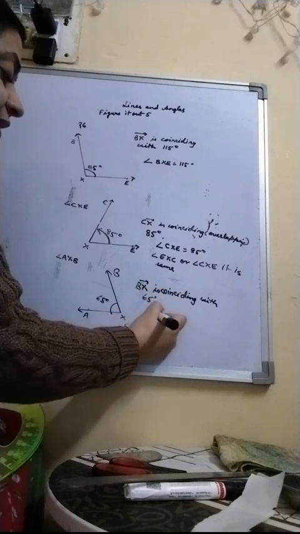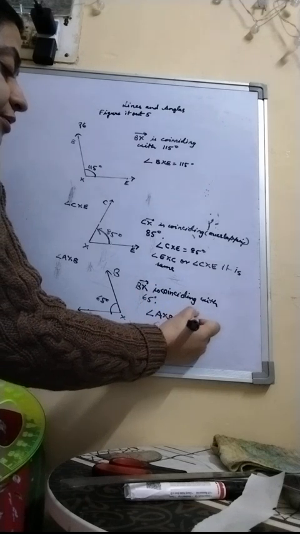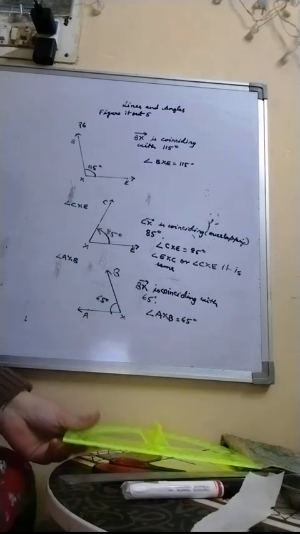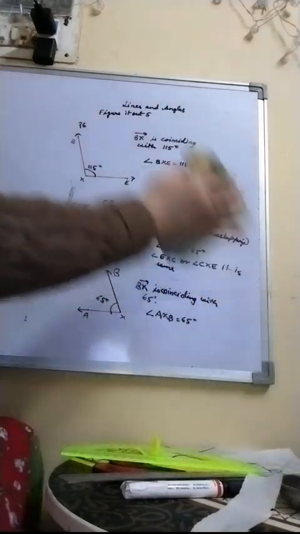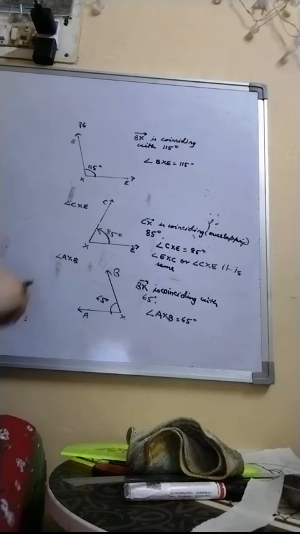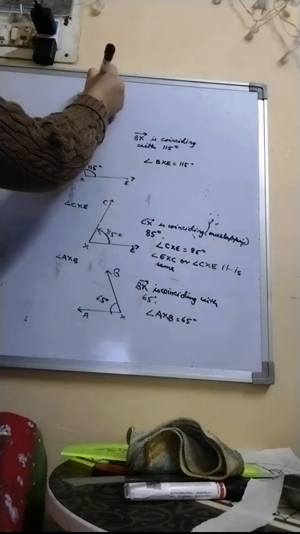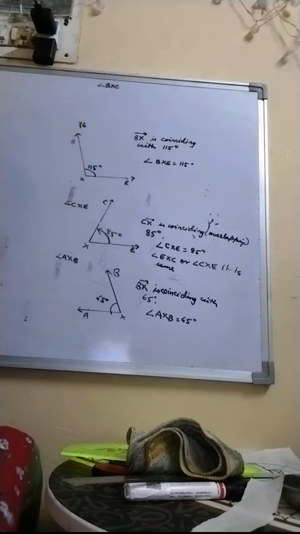Therefore, angle AXB is 65 degree. Then the last angle, BXC. So let me make it, angle BXC.